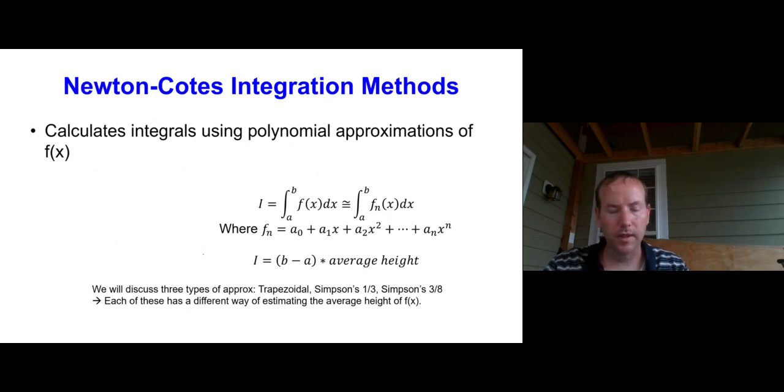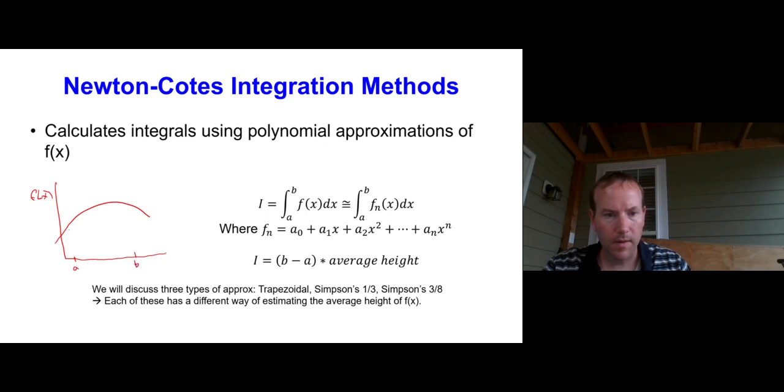So most of the integration formulas that we think about are in a class called Newton-Cotes integration methods. And the basic idea is if you have a function such as this f of x, and it may be going from a to b, what we're doing in integration is trying to calculate the area under this curve.